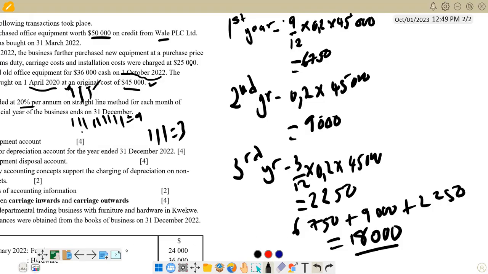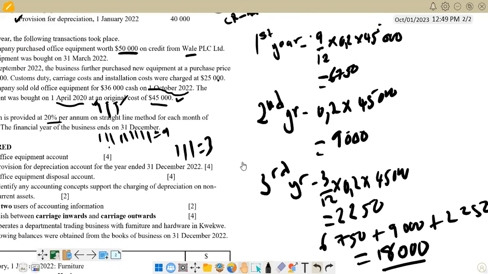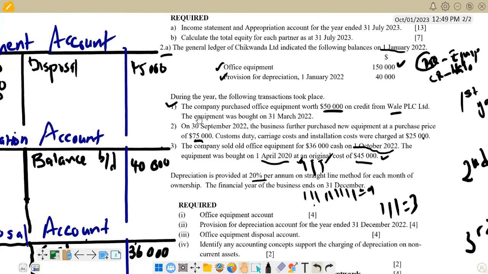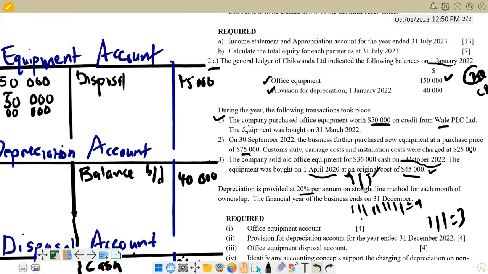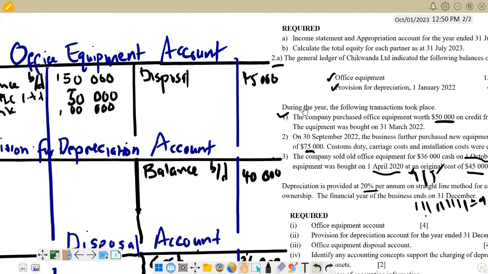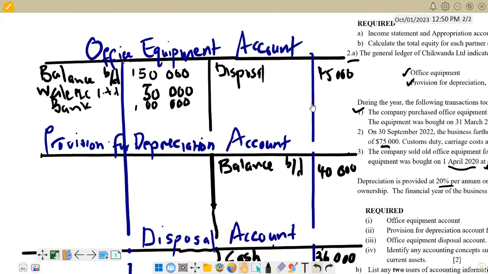So we go to the provision for depreciation account and enter that amount, 18,000. As we see for our provision for depreciation account, the balance is on the credit side, so 18,000 is on the credit side. We say here disposal.